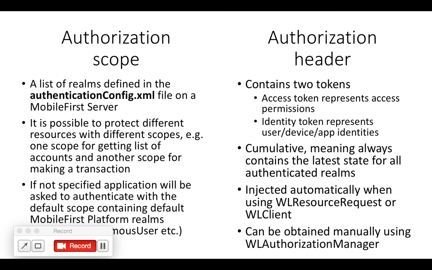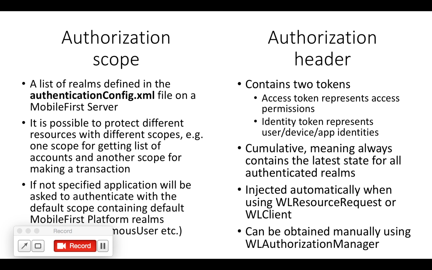The authorization header is injected and in general handled automatically when you use APIs provided by MobileFirst platform like WL resource request or WL client. So if you're using APIs provided by our SDK, you don't need to worry about all of those. Everything will be handled automatically, as you will see on the following sequence diagrams.